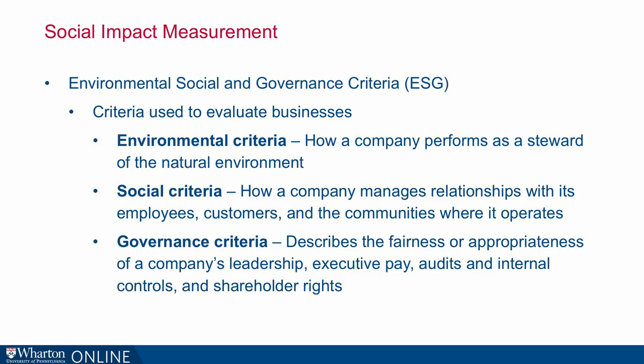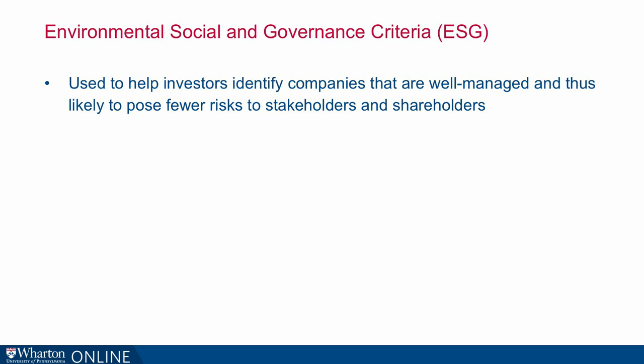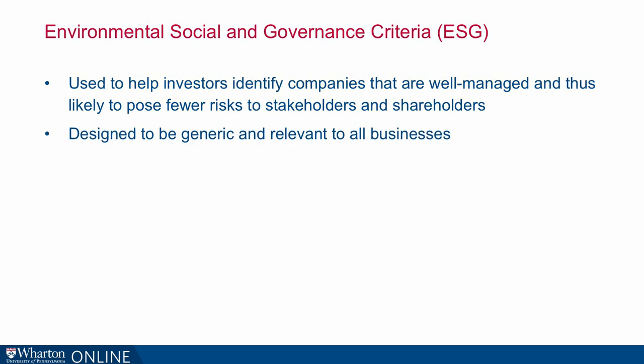And governance criteria are used to describe the fairness or appropriateness of a company's leadership, executive pay, audits and internal controls, and shareholder rights. So a few things about ESG. Typically, they're used to help investors identify companies that are well managed and companies that are thus likely to pose fewer risks to stakeholders and shareholders.